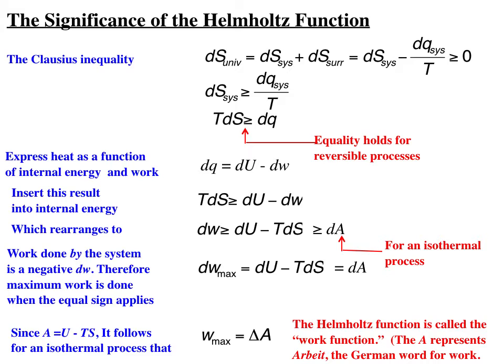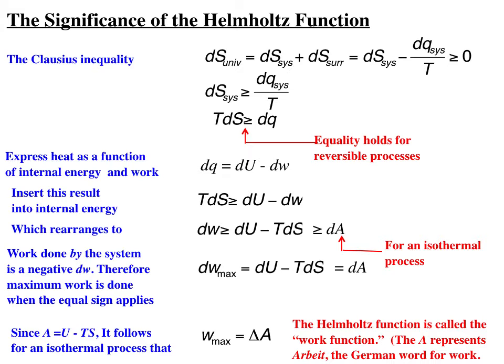Let's try to get a little insight into a broader significance for this Helmholtz function. Again, we start with the universe partitioned into a system and surroundings. For the surroundings, let's substitute minus dq of the system over T, which is how we can measure the entropy change of the surroundings when we deposit some heat from a system into the surroundings. So this has to be greater than or equal to 0.